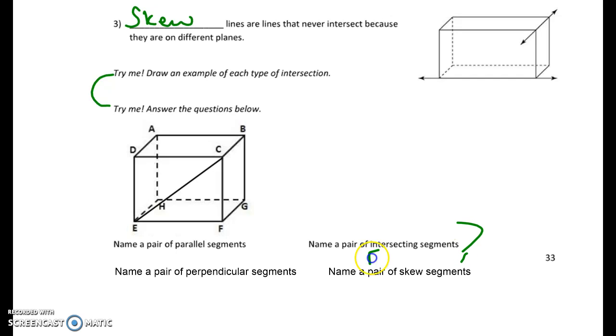Well, I could say that EC and DC are intersecting segments that are not perpendicular. For my perpendicular segments, we could say that AD is perpendicular to DC. I want you guys to fill in the other two.